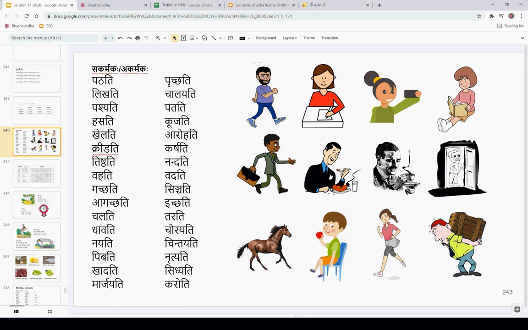Nayati, for example, sakarmaka. Nayati carries. Here it is like somebody is carrying the fruit. So you can say phalam nayati. Pibati we saw already. Khadati we saw. Marjayati.